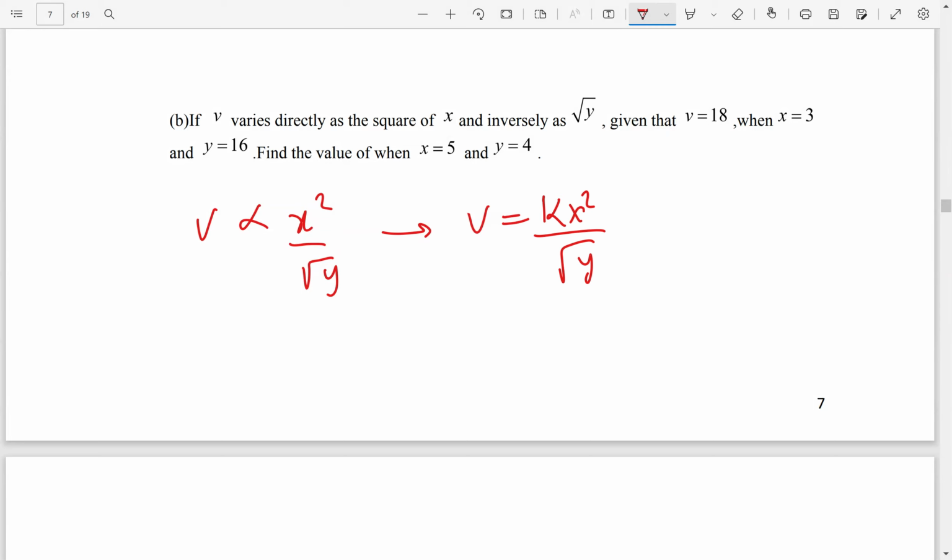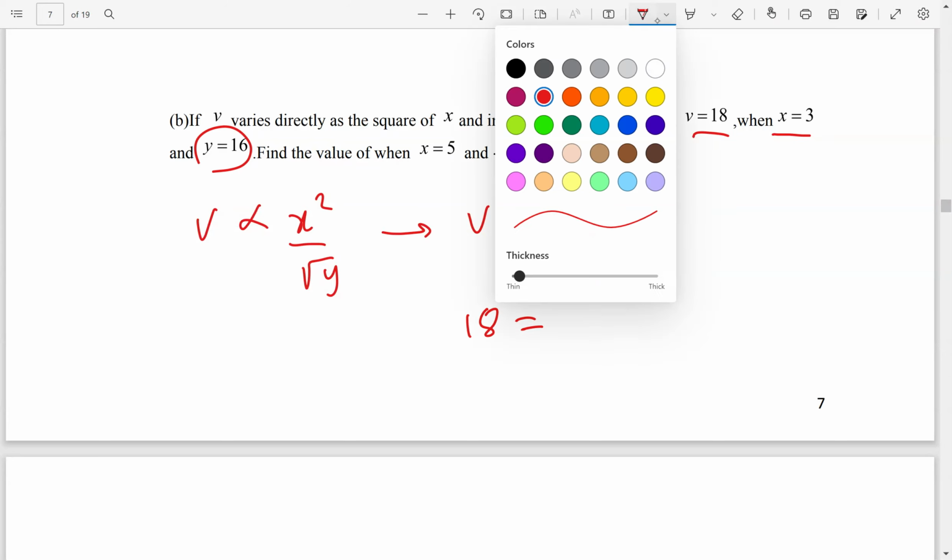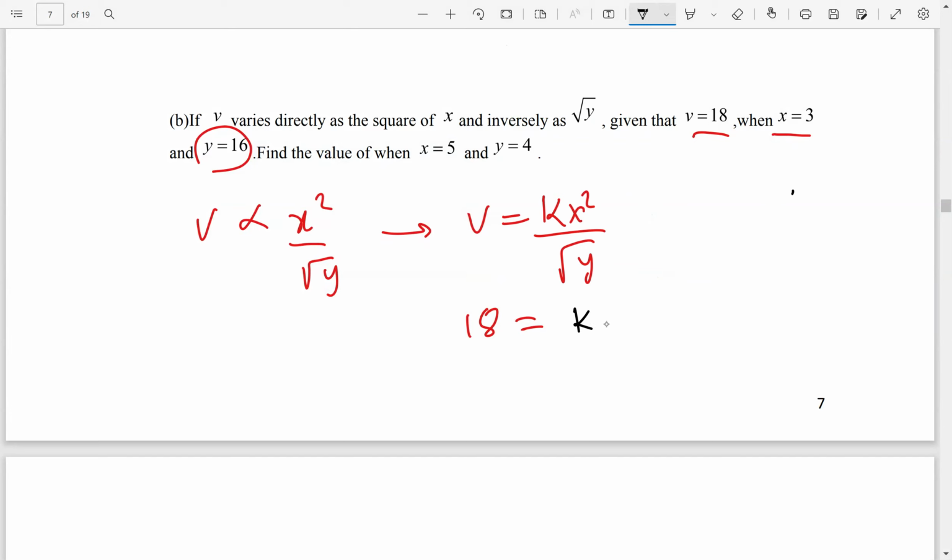Okay, so by using these initial values here, we can find the value of k. So I can say that V is given to be 18. 18 equals to k multiplied by x squared, 3 square, over square root of 16.